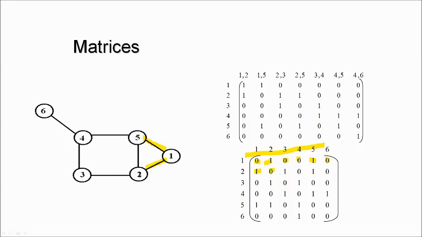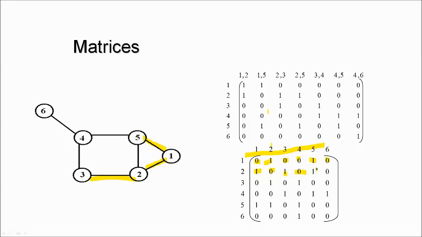Next, vertex 2 going to vertex 3. Any edge? Yes. That's why we're going to put 1. Next, from vertex 2 going to vertex 4, any edge? None. So we're going to put 0.